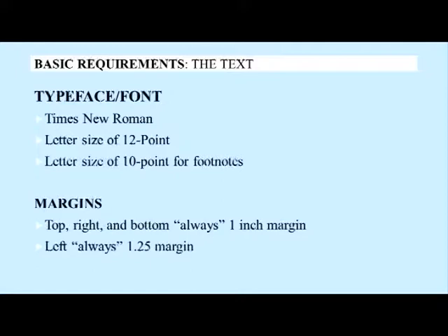And why do we want 1.25 inches on the left? Well, because your paper will be bound. Whether it is bound in a book format as for the doctoral program, or whether it's in the certificate program where you're going to put it in a folder, okay, and clip it in a folder, that's still being bound.